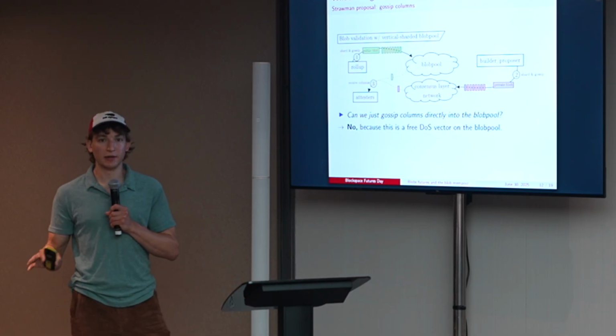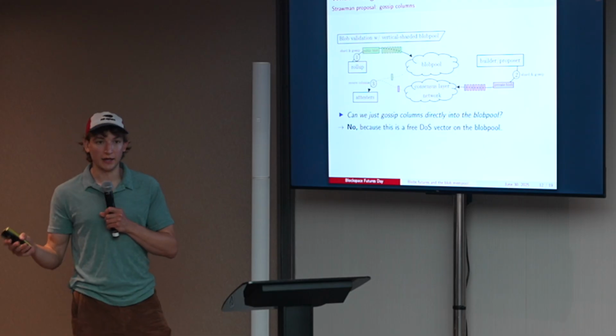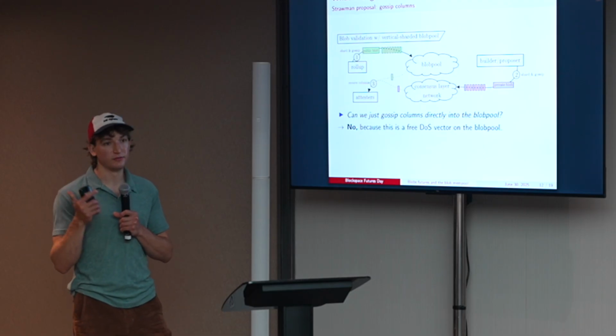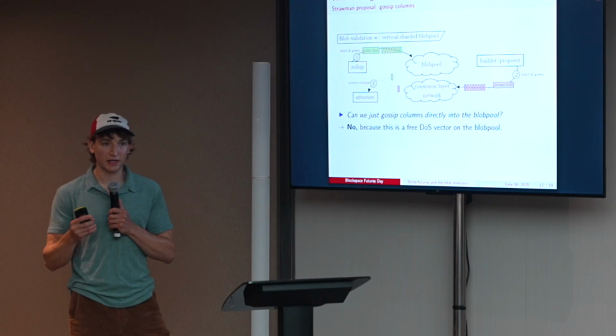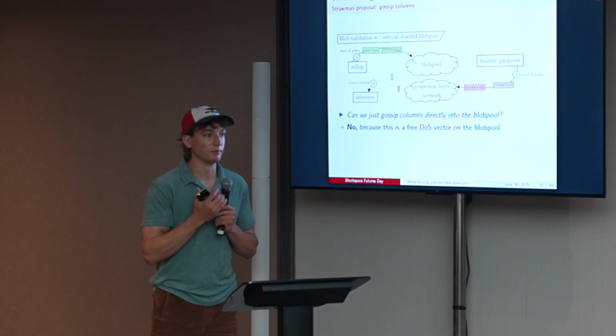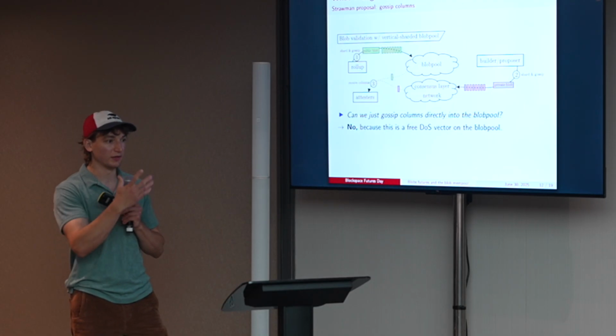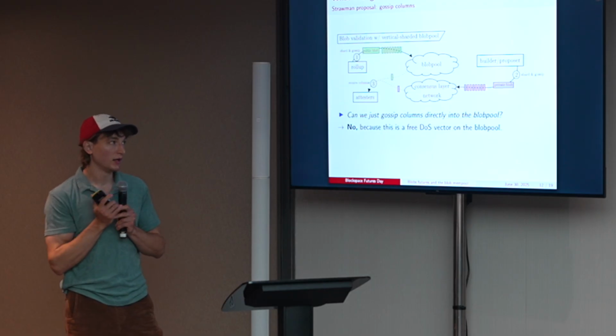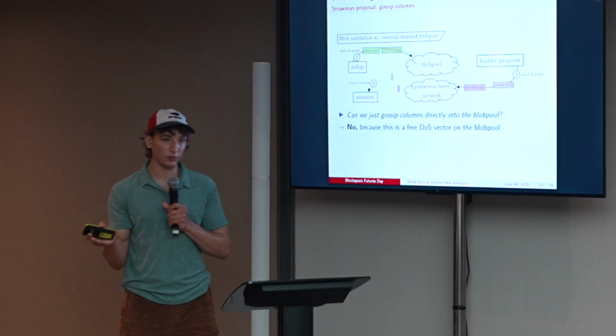One really nice thing about the existing mempool today is that I only gossip a transaction if it's valid and fee paying. So in some sense, there's economic value that has to be burned, the opportunity cost of having a transaction that's valid and fee paying, in order to get write access to the mempool.